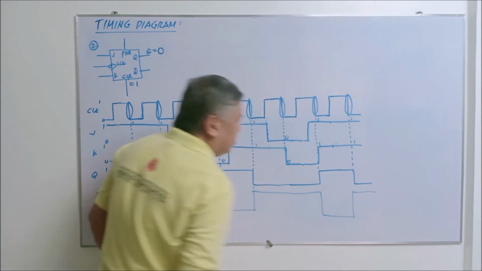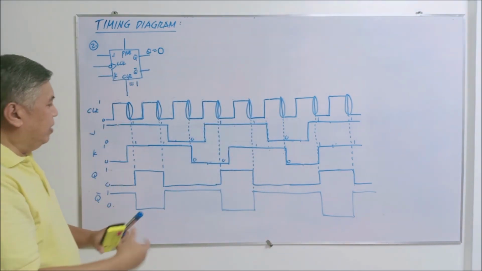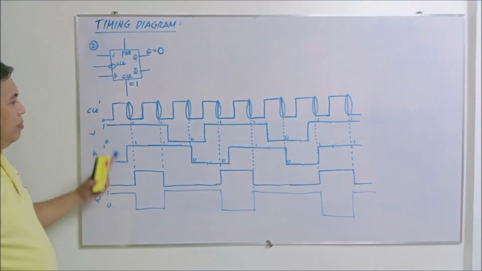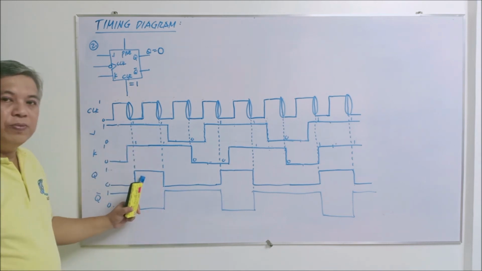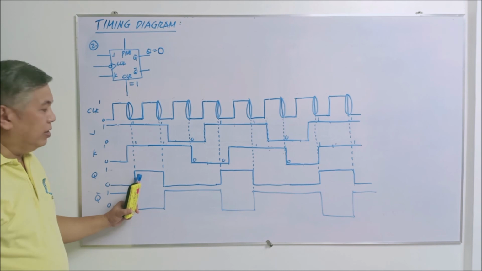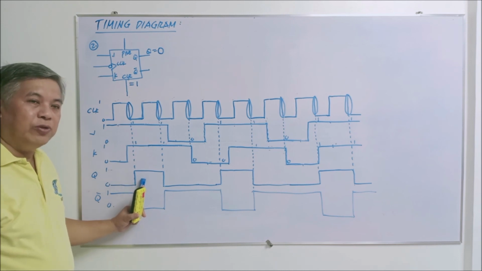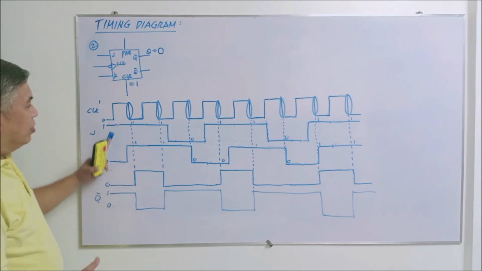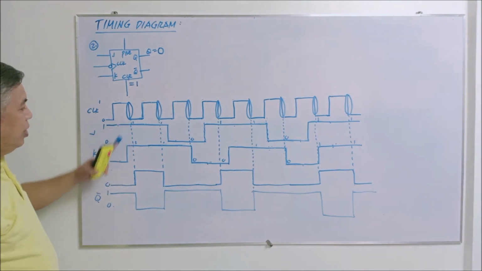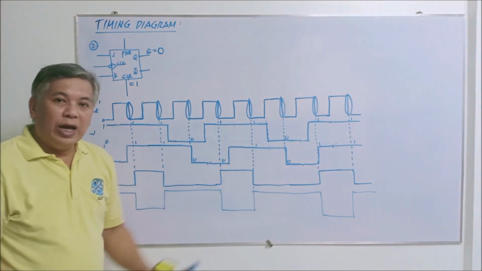Okay? So if during our experiment we have these particular conditions, then this will be the output of your experiment. Part of the output of your experiment is your light emitting diode. So for this particular condition of your JK, this becomes your output.